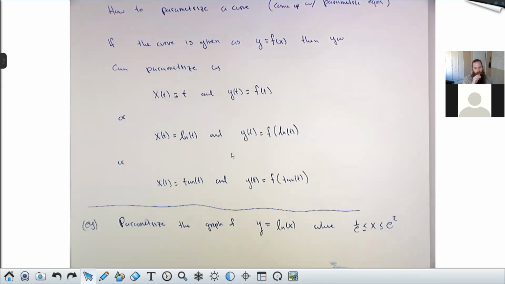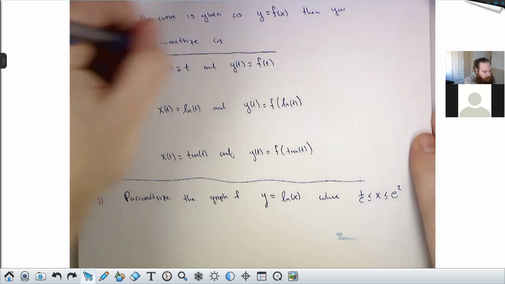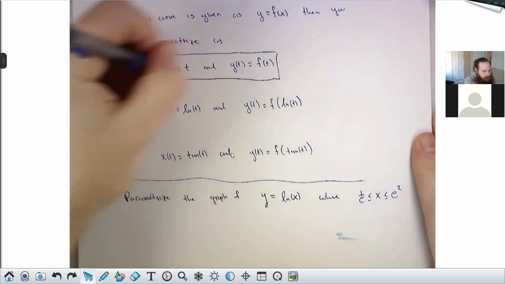We could do that a bunch of ways. The easiest way, and this one right here is usually called the standard parametrization.